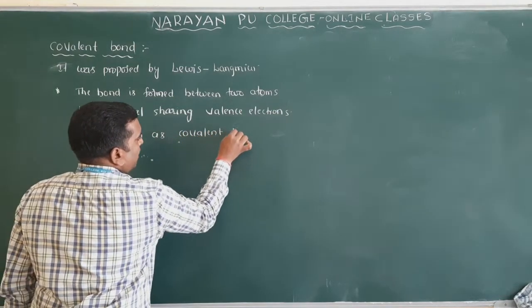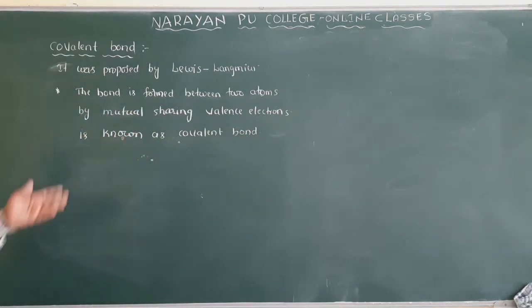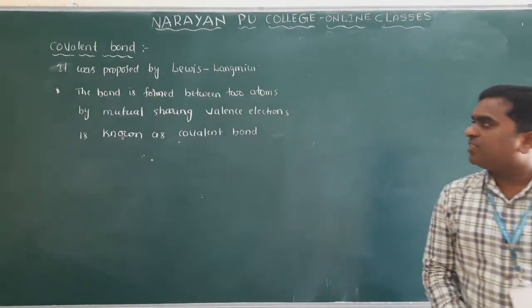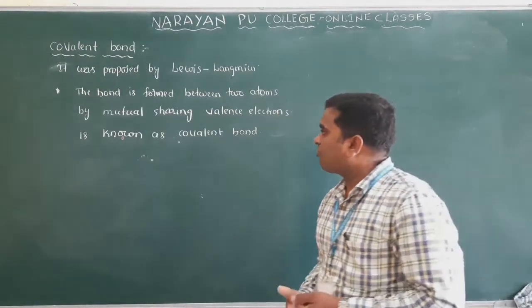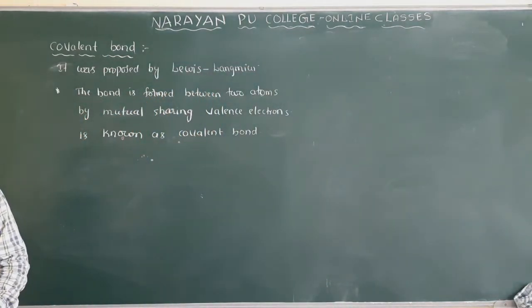This is the definition. Sometimes they will ask for the definition of covalent bond. The bond formed between two atoms by mutual sharing of valence electrons is known as a covalent bond.